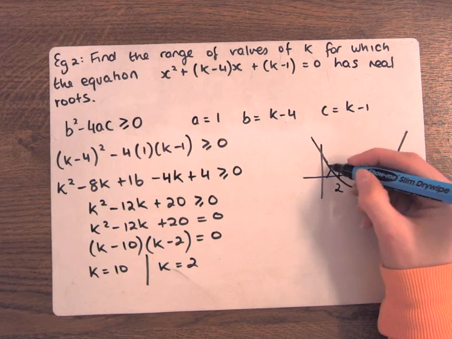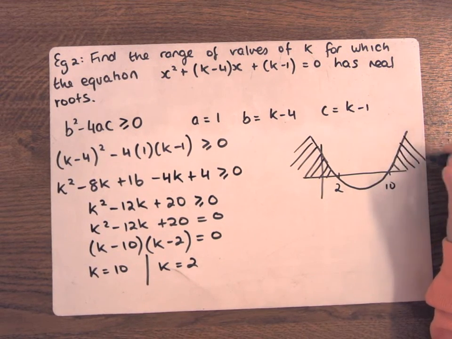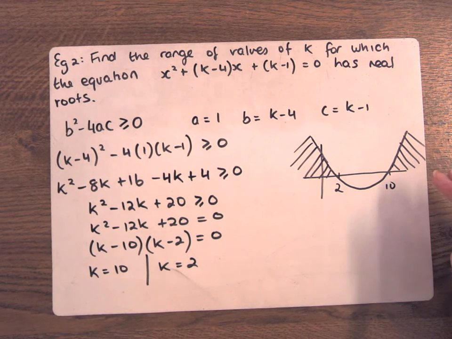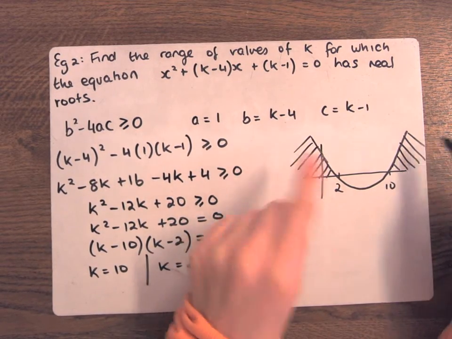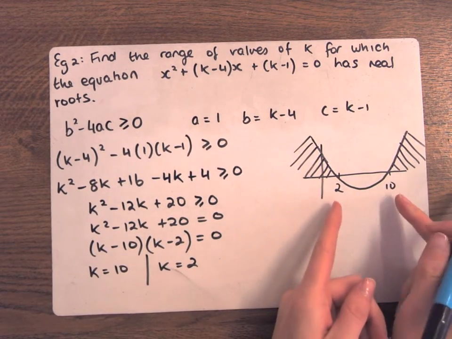So I'm actually interested in all of this and all of this. You draw your little picture to indicate it on the graph. Now, let's think about this. Are these two things connected? They're separate, aren't they? So you get two separate answers. In the last question, it was between these two.